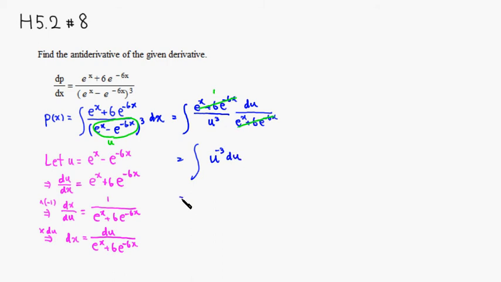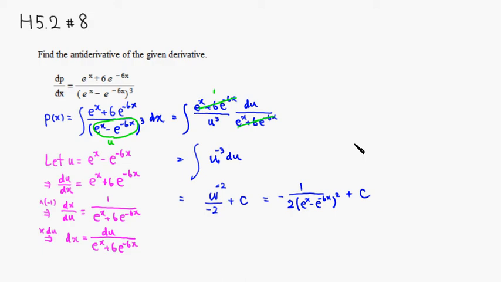By the power rule, add 1 to the power, so it's negative 2, then divide by negative 2, plus some constant c. So we can write this as negative 1 over 2 times the substitution, e to the x minus e to the negative 6x, to the negative 2 power, so it's going to be a square on the bottom, plus some constant c.